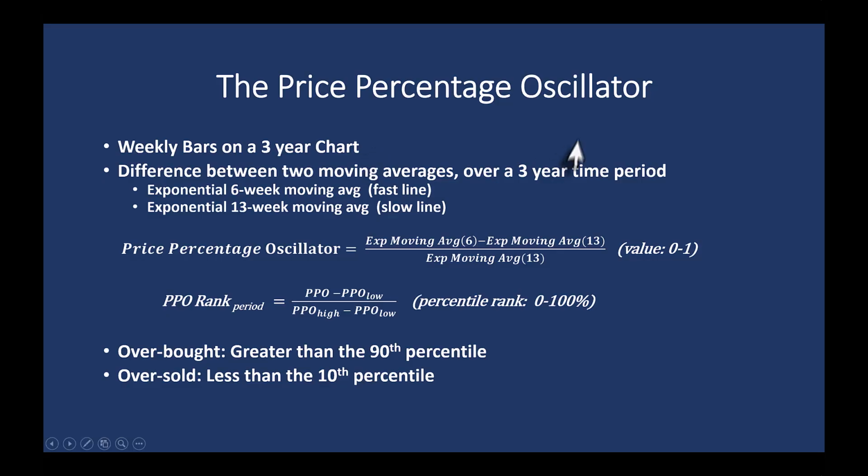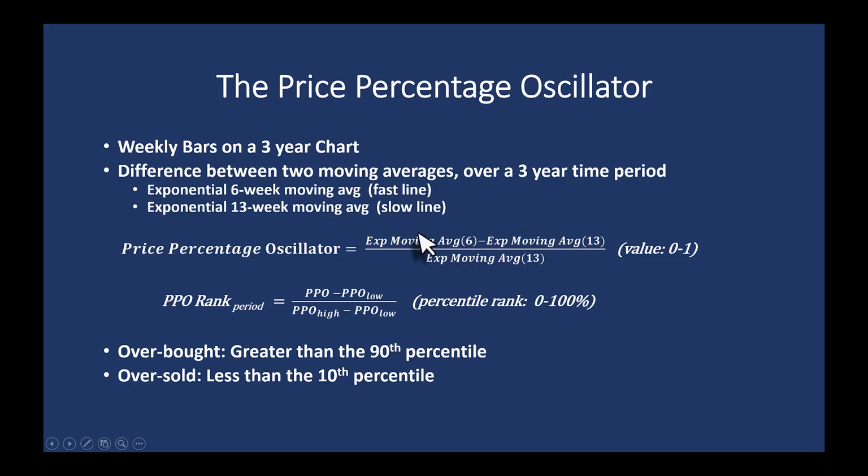And in a nutshell, this one here is using two moving averages, the 6-week exponential and the 13-week exponential moving average. And if you look at the actual formula for the price percentage oscillator, the PPO, it's the difference of the fast moving line versus the 13 moving line, and that by itself, just the difference of that, that's the MACD.